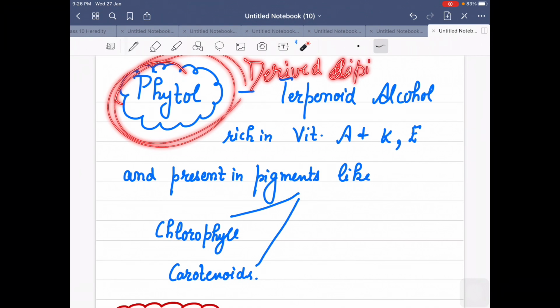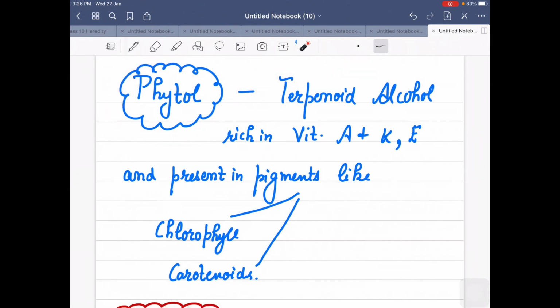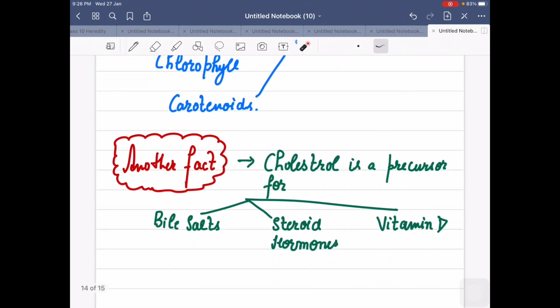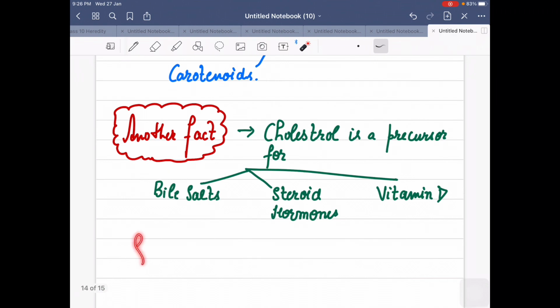We call it a terpenoid alcohol. It is very rich in vitamin A, vitamin K, vitamin E, and is also present in pigments like chlorophyll and carotenoids. So basically we talked about 3 types of lipids: simple, compound and derived, right?